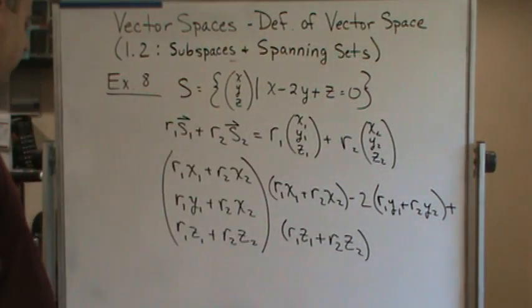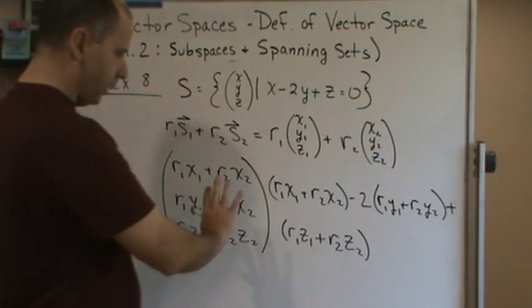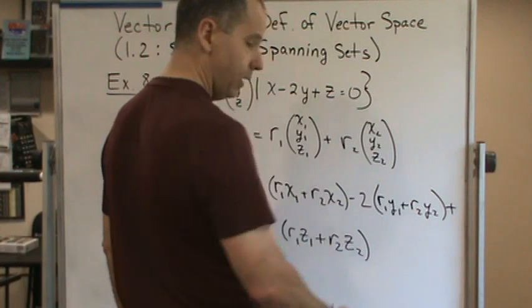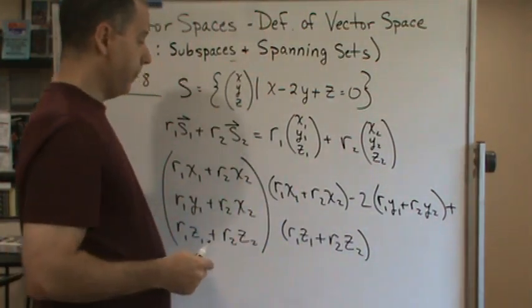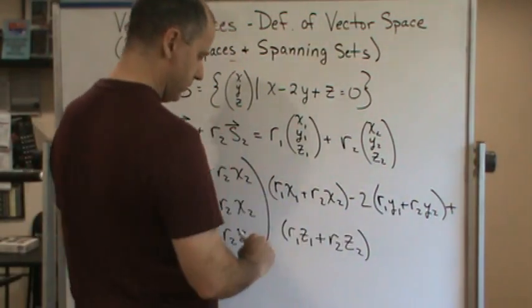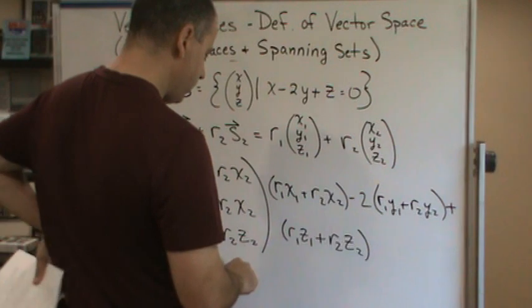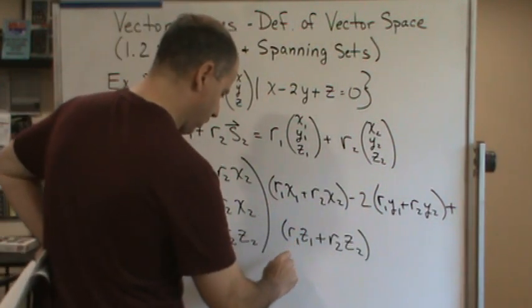So now all we have to do is use our normal properties from R3, and we can rearrange these.